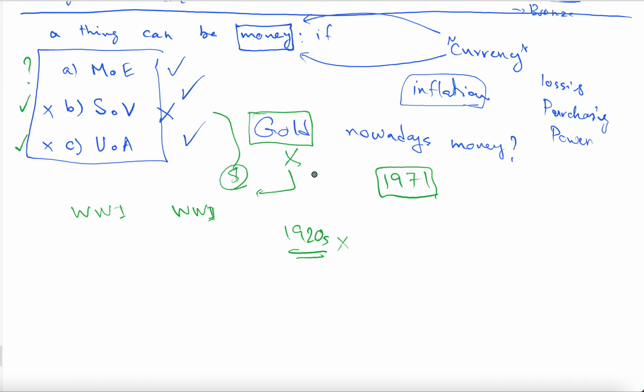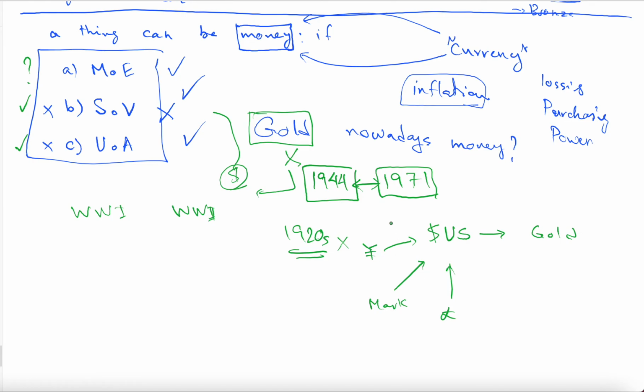But in 1944, a group of countries got together in a place called Bretton Woods, and they accepted that the US dollar be equated with a certain amount of gold, and all the other currencies, be it the mark, the British pound, the Japanese yen, the real, were all fixed to the US dollar, and the US dollar was fixed to gold.